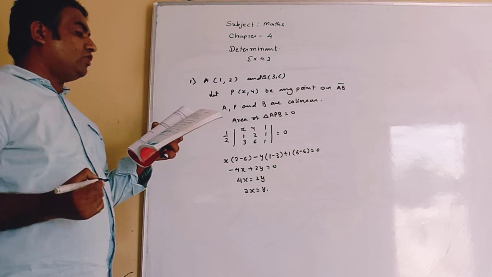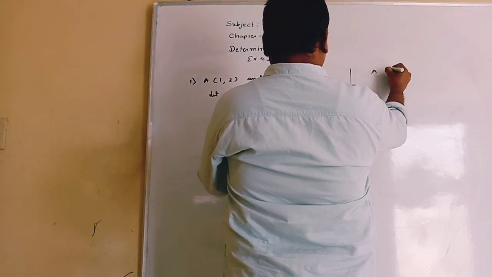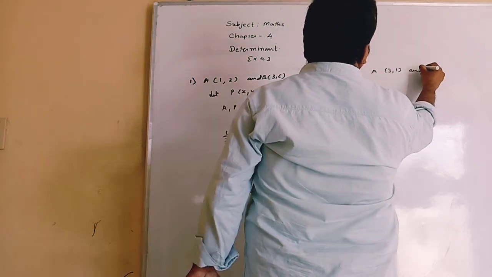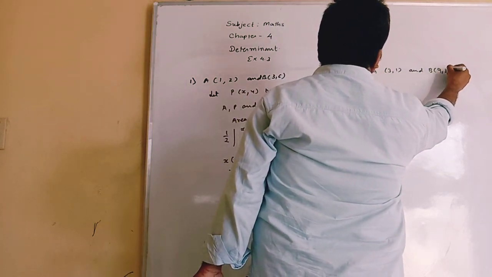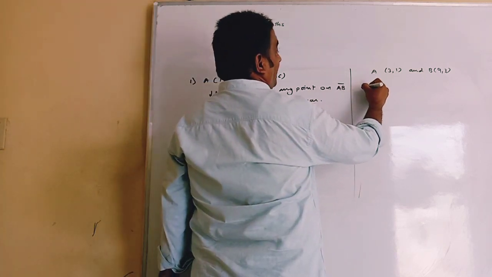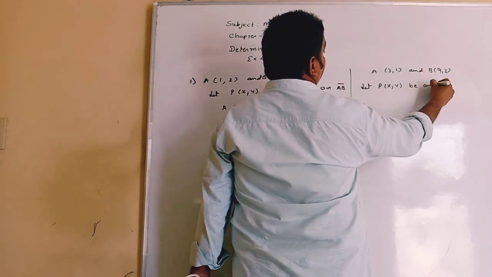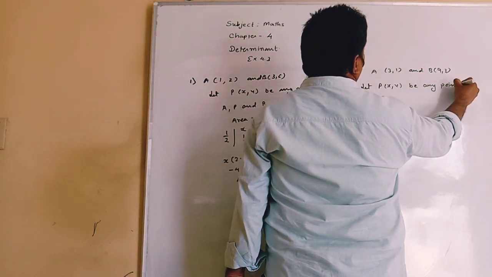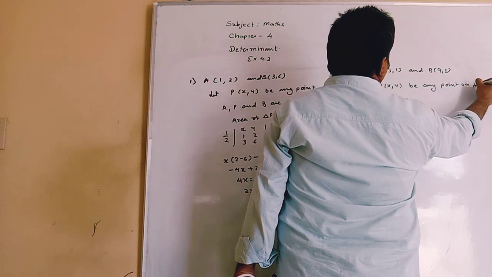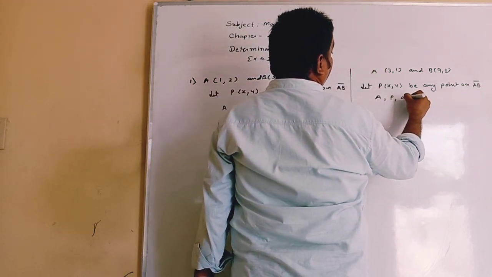Now for the second question, it is given that A is (3, 1) and B is (9, 3). So again same way, let P(x, y) be any point on AB, then A, P, B are collinear.